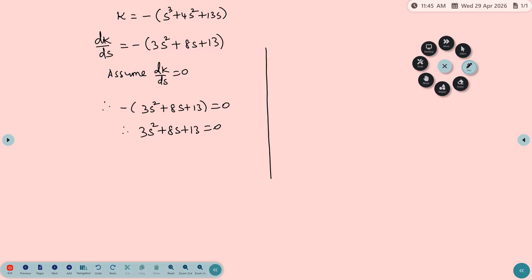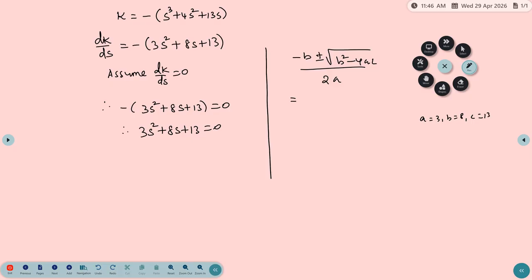That formula is minus b plus or minus square root of b square minus 4ac divided by 2a, the same formula which we used to identify the poles. Here we can see a equal to 3, b equal to 8, c equal to 13.